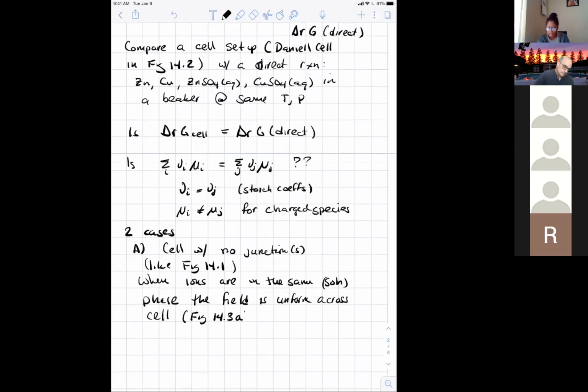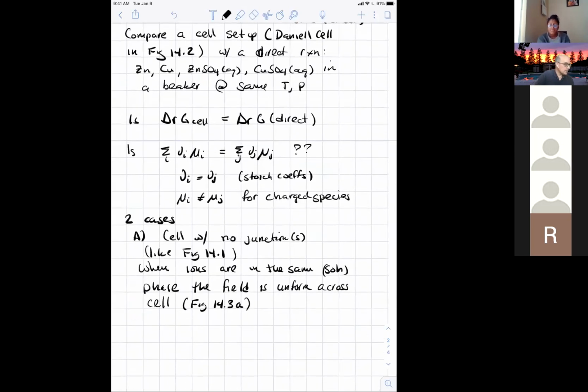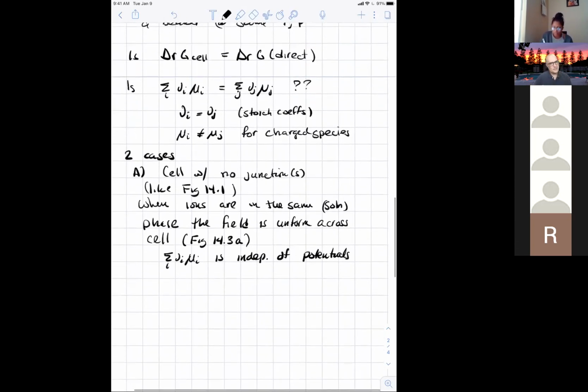So what happens here is this summation is independent of potentials. We actually discussed this before. It might be a little foggy in your memory, even though we did it yesterday or Monday. But in this case, the two are equal, right?